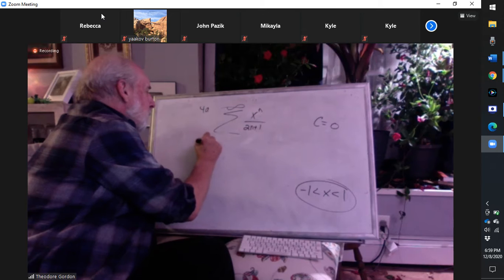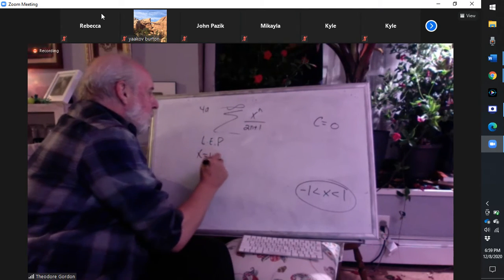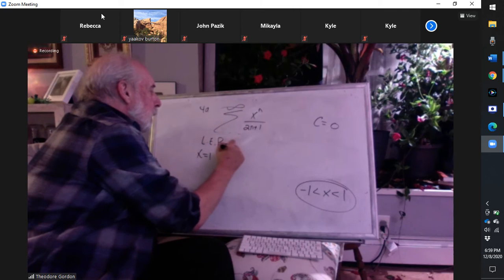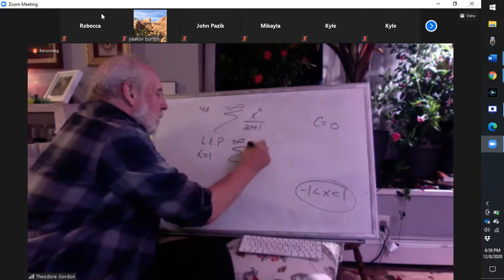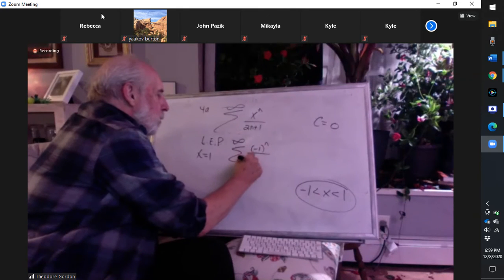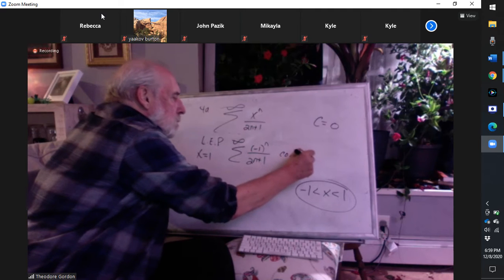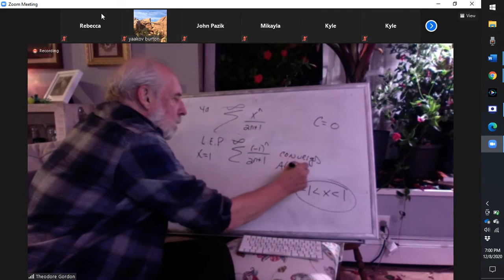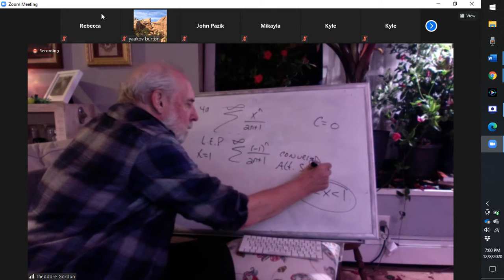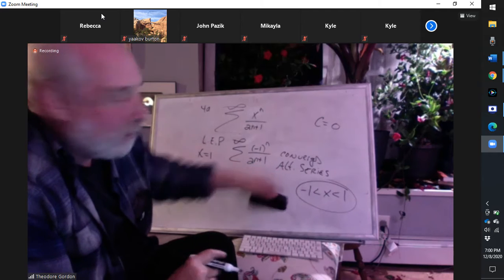So if we look at the left endpoint, x is equal to -1, we end up with this series. We get (-1)^n over 2n plus 1, and that converges by using the alternating series test.